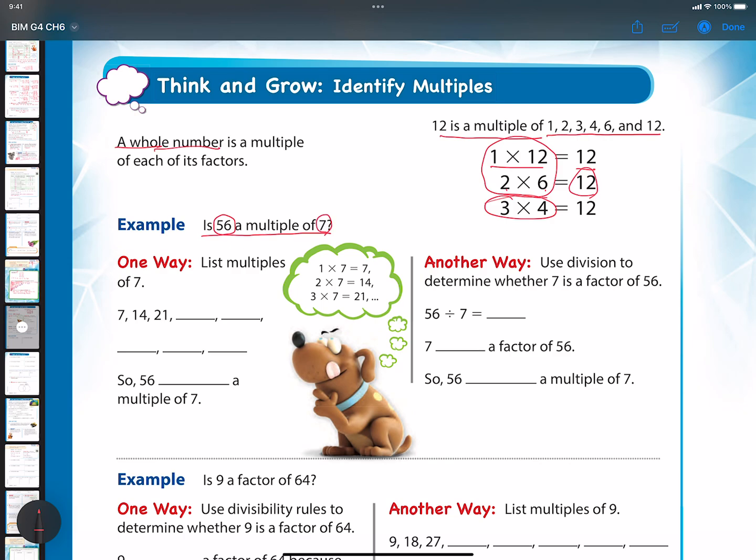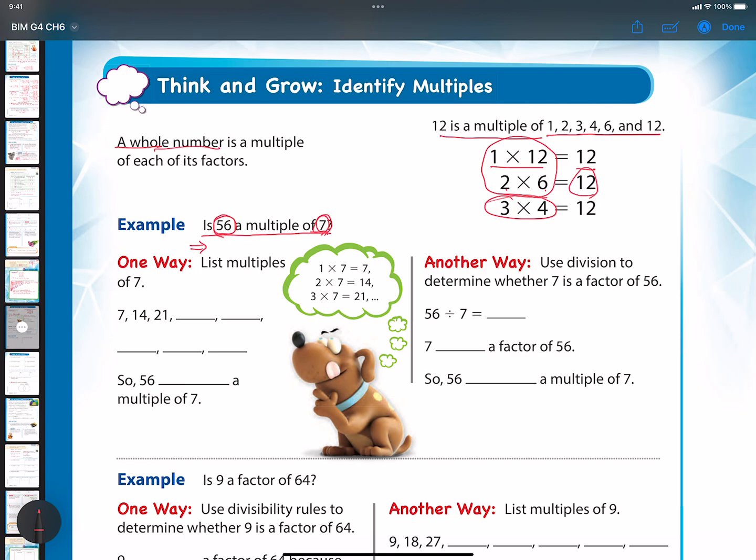So when you list the multiples of this factor, this 56 has to be in there, yes, multiples of 7. Okay, otherwise this 7 is not a factor of 56. Okay, so 56 is a multiple of 7, which is another way of saying what? 56 is divisible by 7, or divided by 7. Okay, that's equal.